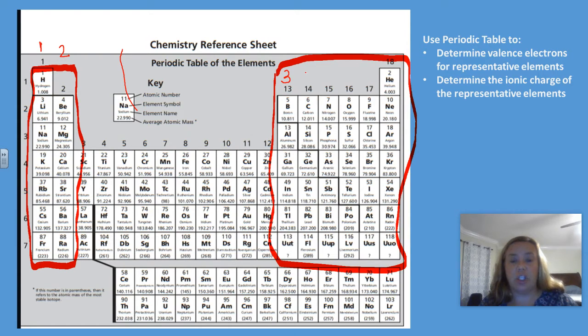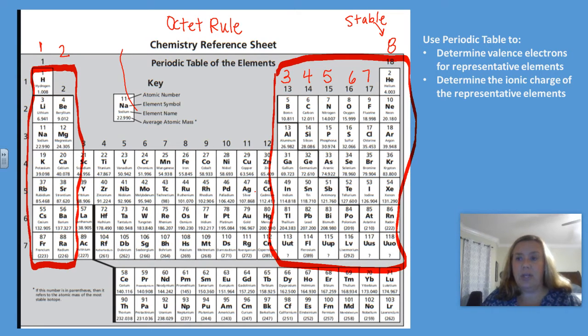Then we have 4 valence electrons, 5, 6, 7, and 8. And remember, to have 8 valence electrons is very stable. This is our goal because we are trying to fill the octet rule. So if you recall then, knowing this, we're going to have to determine what our charges could potentially be.